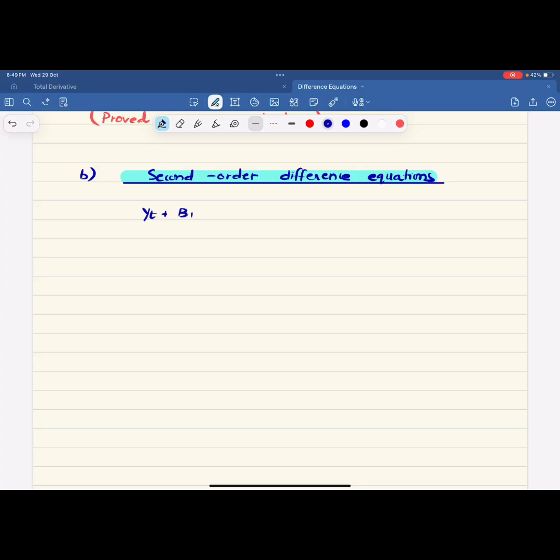So y_t plus beta 1 y_(t-1) plus beta 2 y_(t-2) is equal to g. Since g is independent of time, for the particular solution we can assume that it is independent of time, and therefore it is a constant equal to y bar.